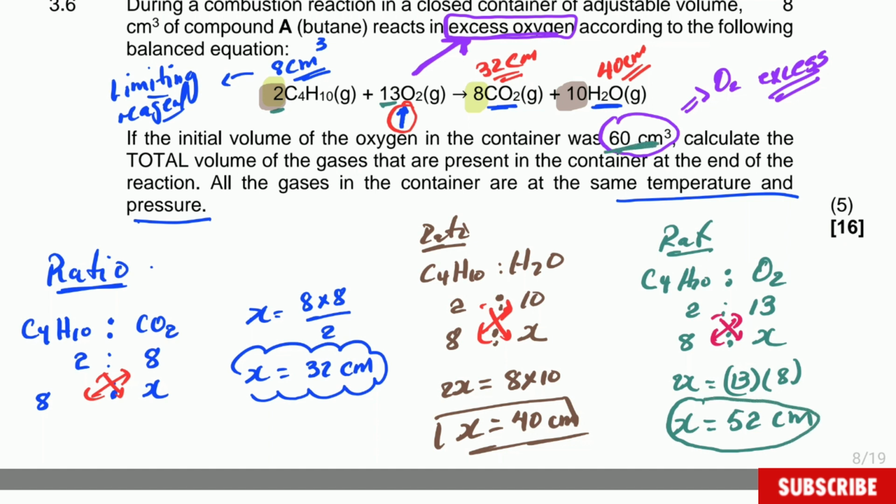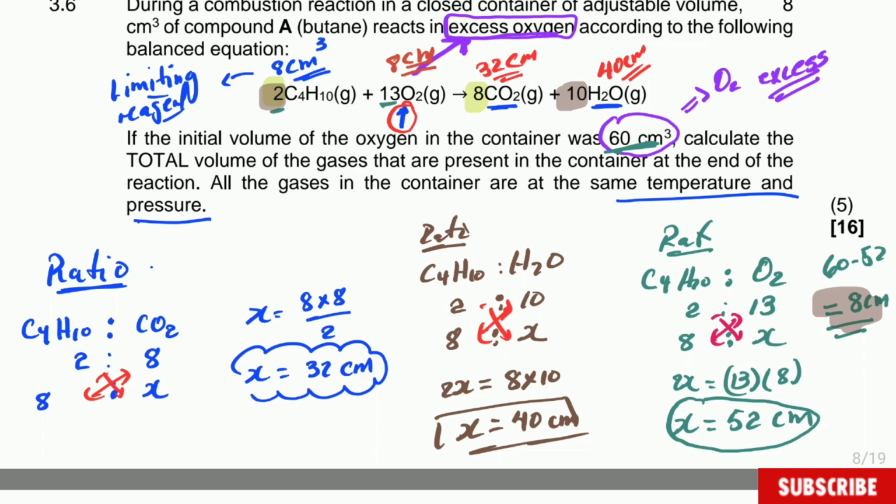So the question is, how much is left over? Guys, what is left over for oxygen will be 60 minus 52. So that is going to give you 8 cubic centimeters. Now 8 cubic centimeters is going to be the leftovers in this case. In other words, that amount will still be in the container.